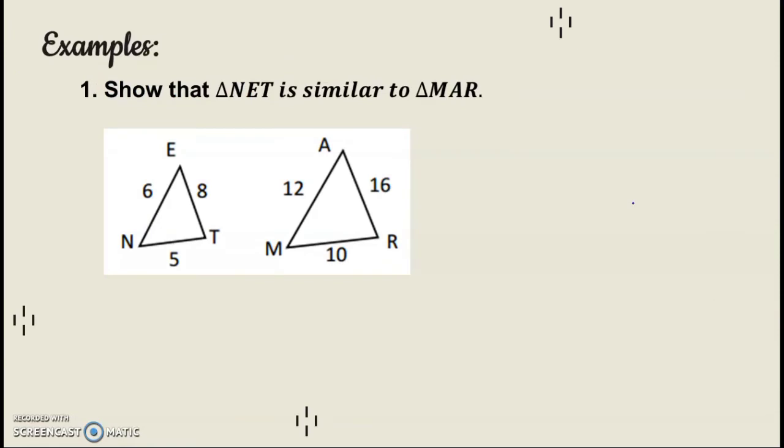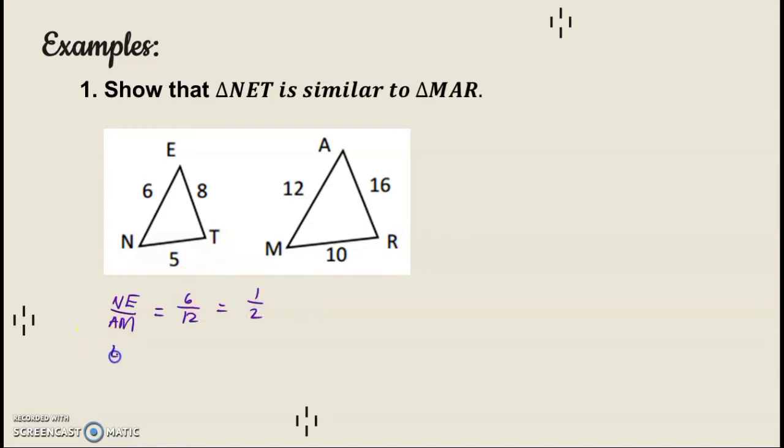So, show that triangle NET is similar to triangle MER. Okay. So, suliman natin. So, NE over AM is equal to 6 over 12. Tama? The lowest term. So, the answer is 1 half.